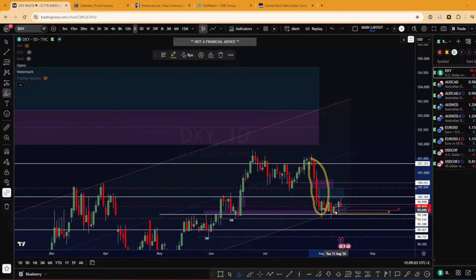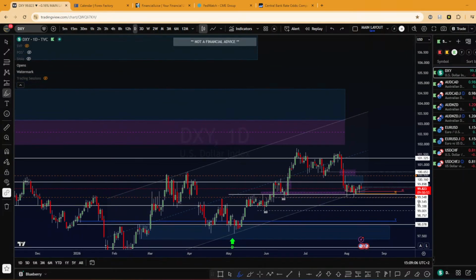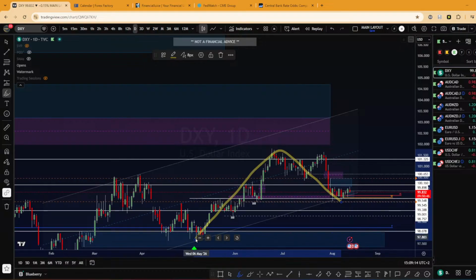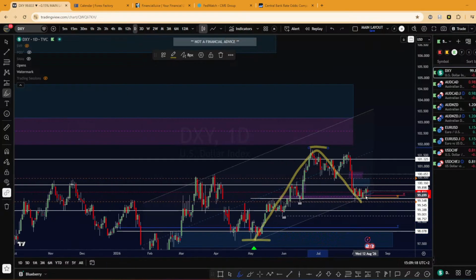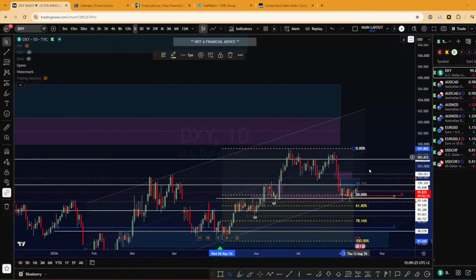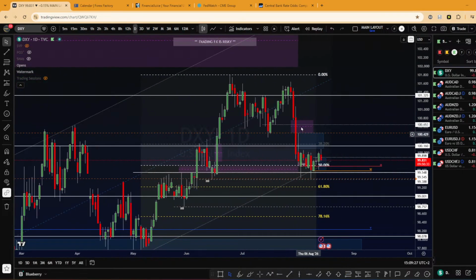Okay, but now I think we are at, I would say, a discount zone for this daily leg, this daily movement from this low to this high. This is my daily structure. Same thing, if I take my Fibonacci, you can see price already retraced around the 50%.